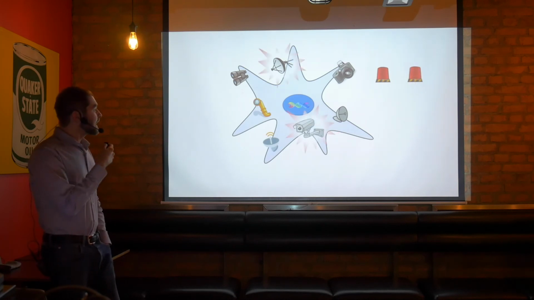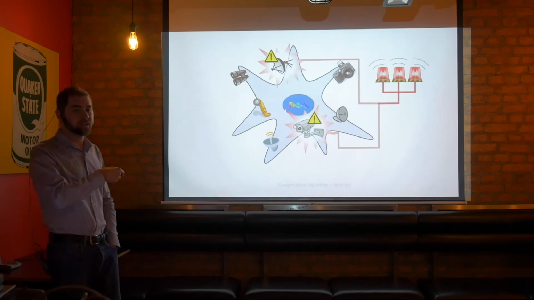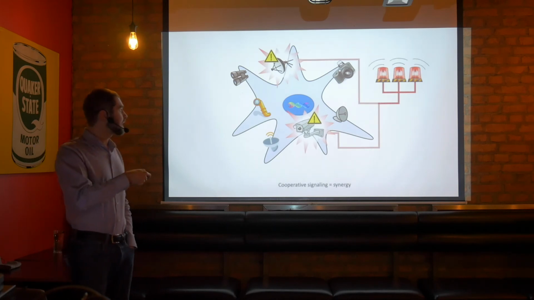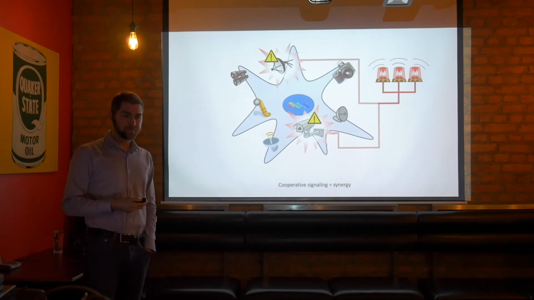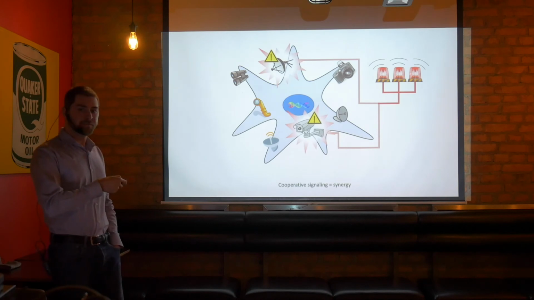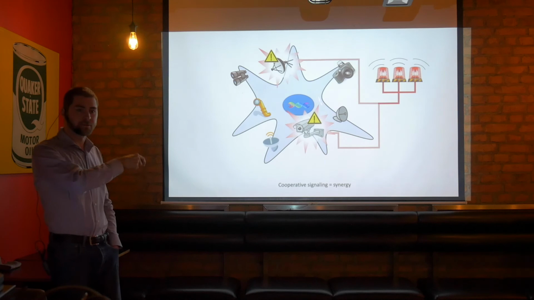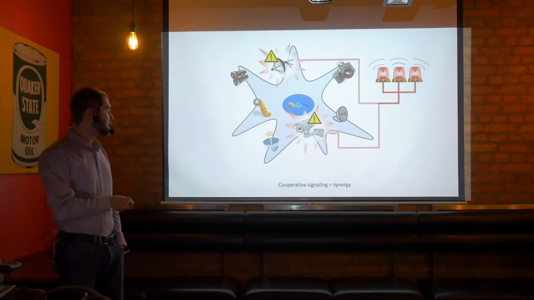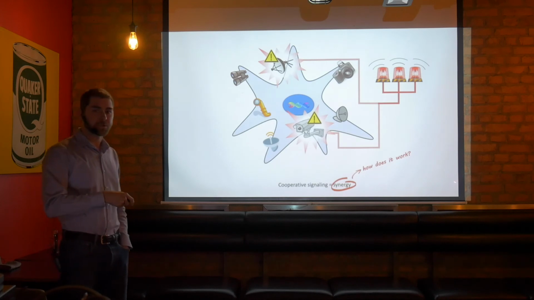If we have the two receptors activated at the same time, they generate a cooperative response, which is much stronger than the sum of the responses generated by the single receptors. This effect is known as synergy, and we don't know how it works.